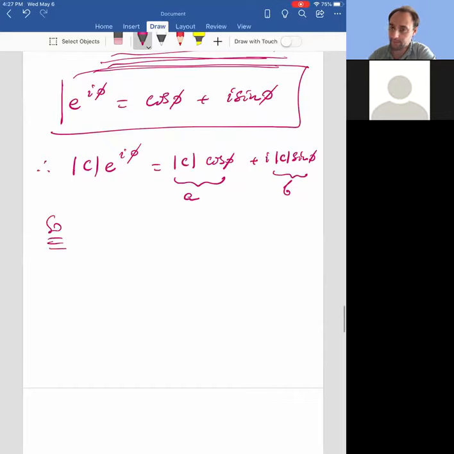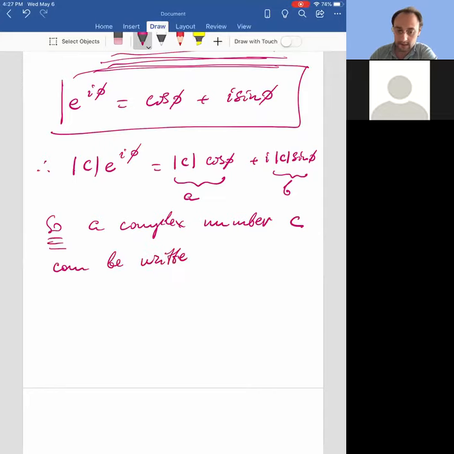So a complex number c can be written as c equals its magnitude times e to the i times its phase, which is the same as its real plus i times its imaginary.